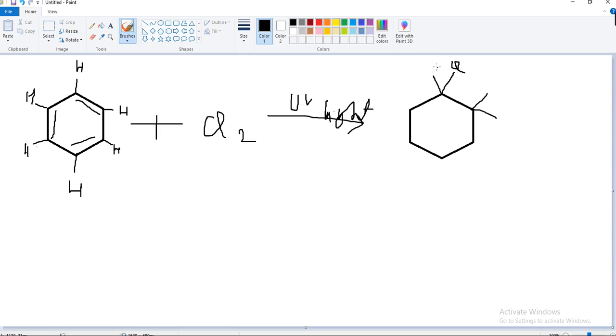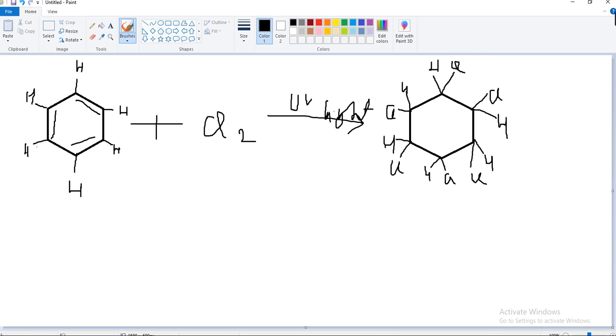One Cl and H. So there are a total of 6 chlorine atoms.